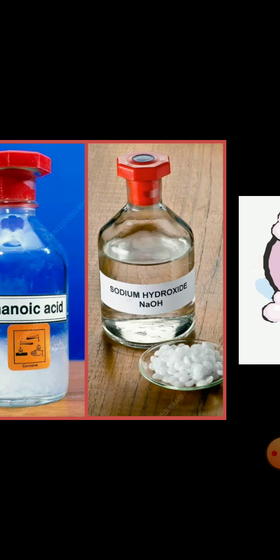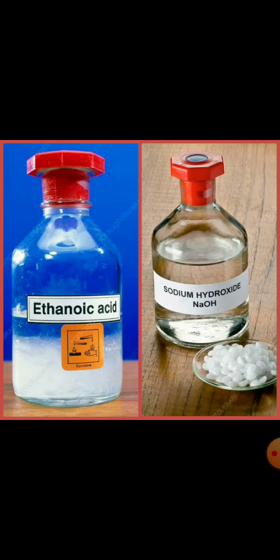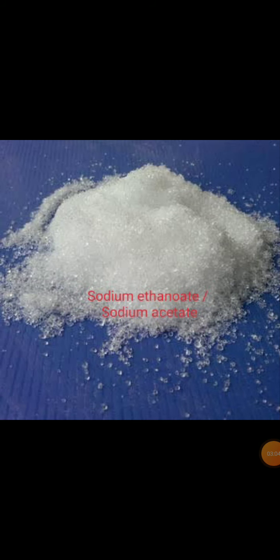Now let us understand the next reaction of ethanoic acid, the reaction with a base. We all know that sodium hydroxide is a base. So what happens when ethanoic acid reacts with sodium hydroxide? Ethanoic acid reacts with a base such as sodium hydroxide to give a salt like sodium ethanoate.